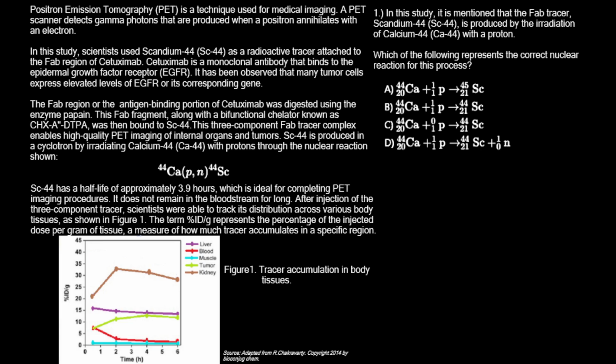Cetuximab is a monoclonal antibody that binds to the epidermal growth factor receptor EGFR. It has been observed that many tumor cells express elevated levels of EGFR or its corresponding gene. The Fab region, or the antigen binding portion of cetuximab, was digested using the enzyme papain.